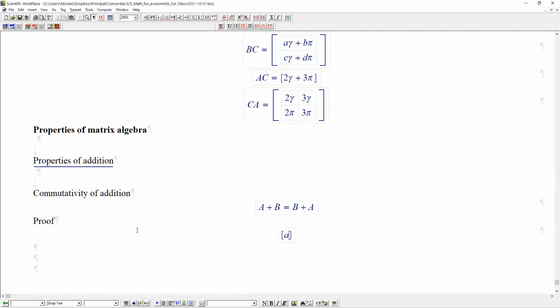If I have Aij plus Bij, it is equal to Bij plus Aij, and here I used the commutativity of addition.